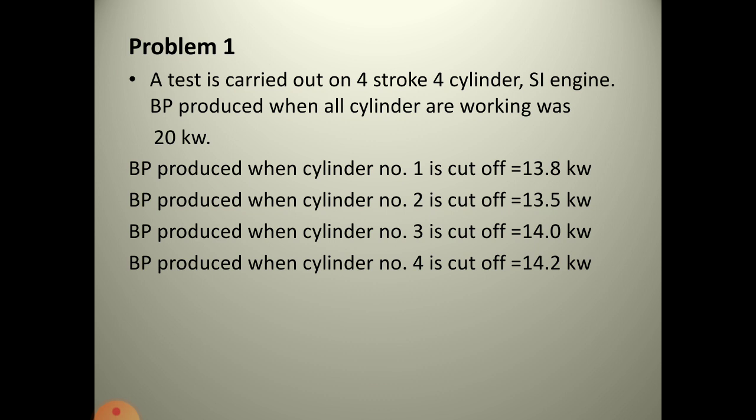Finally we have to calculate mechanical efficiency, which is the ratio of total brake power to the total indicated power. So to find the mechanical efficiency, we must find the total indicated power, and that we are going to find with the help of the Moore test. Okay.